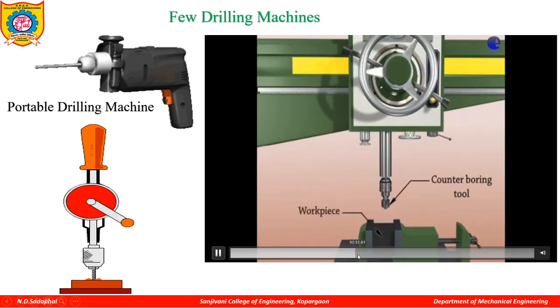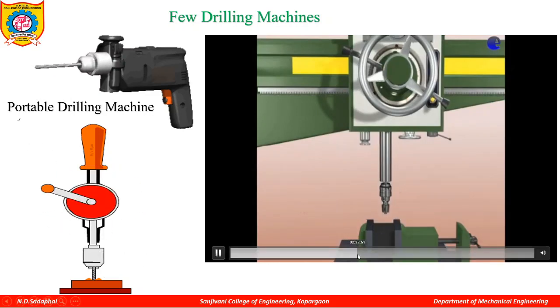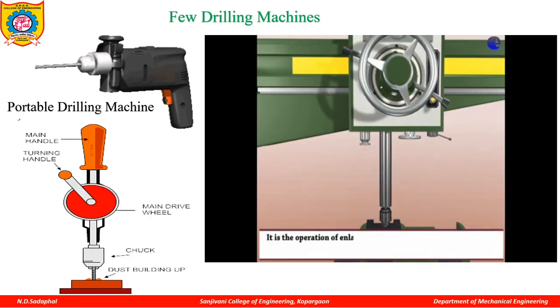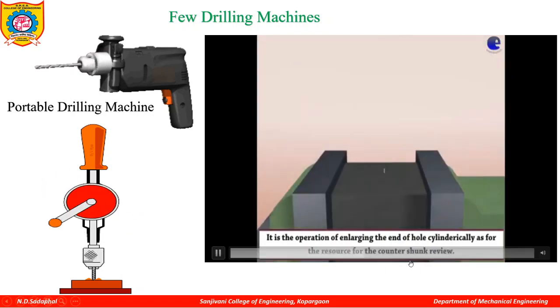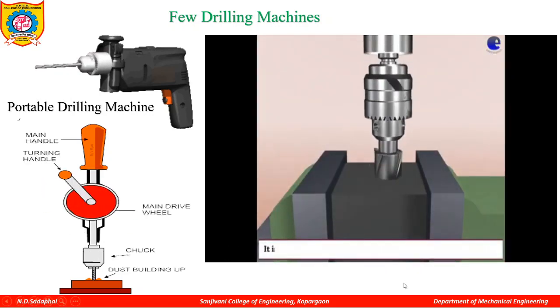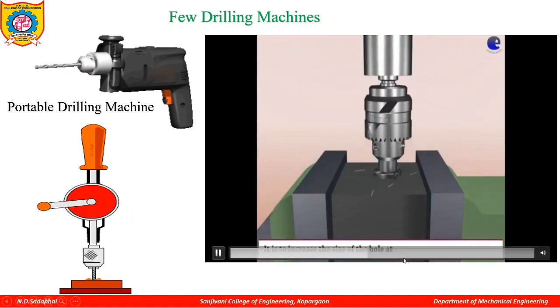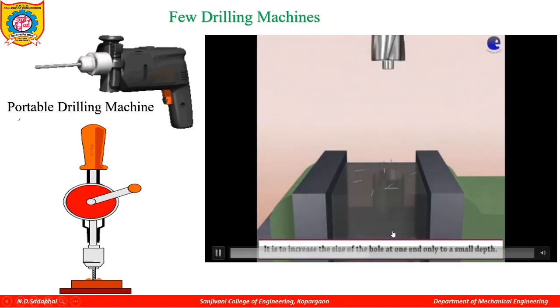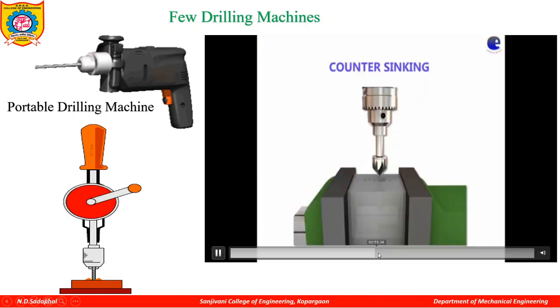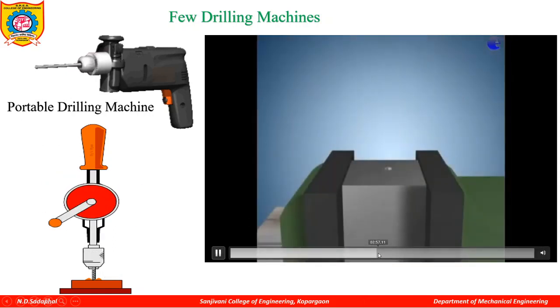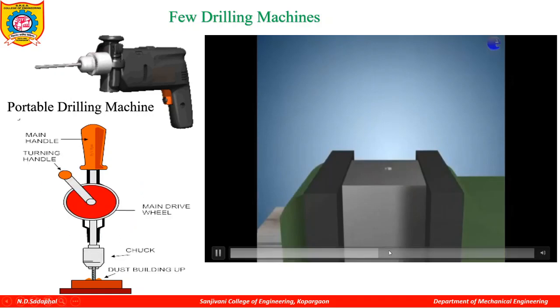Next is counter boring. You can see here the counter boring operation. The counter boring tool is used, and the workpiece is shown. It will enlarge the end of the hole cylindrically. You can see the end of the hole will be enlarged. Counter sinking, the end of the hole will be enlarged conically.